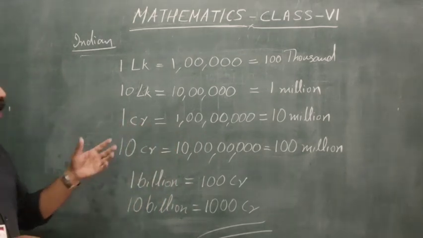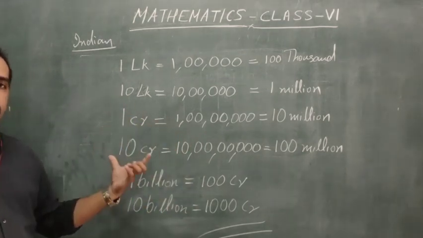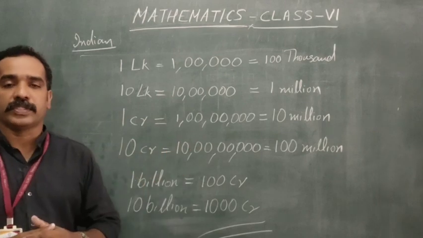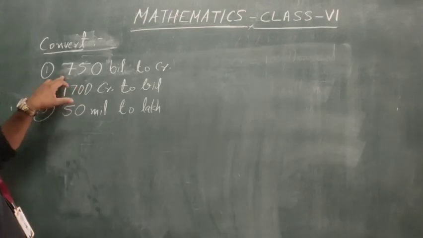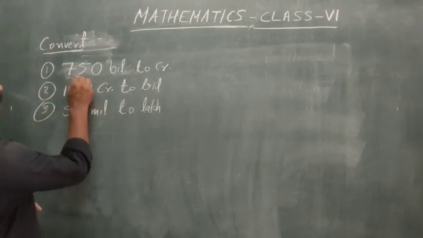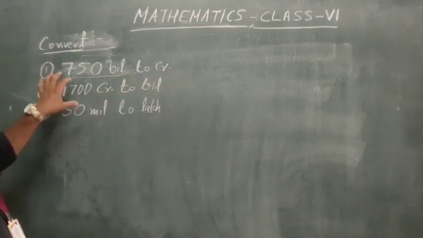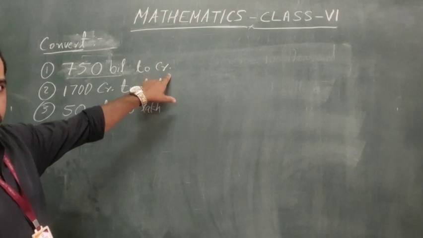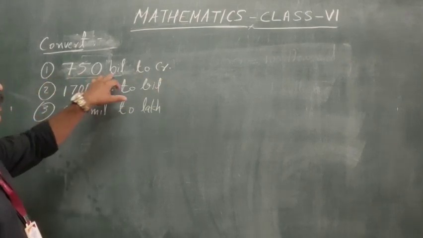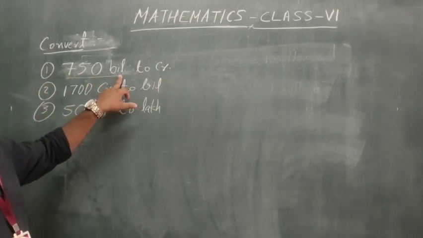Now let us see how we can write numbers if some numbers in the Indian place value system are given. First example, 750 billion to crore. The question means how many crores 750 billion represents.